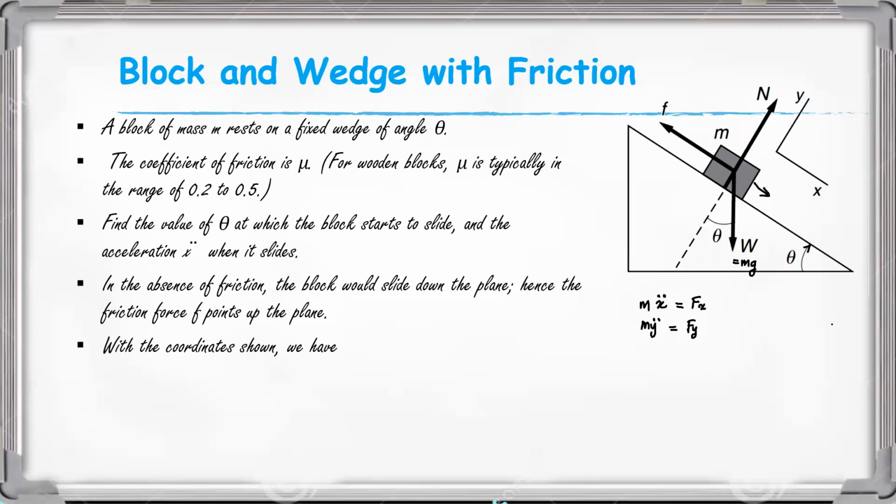We can say that y double dot must be equal to 0. Now we have to find the values of Fx and Fy. Here, the frictional force acts along the minus x direction and the normal force acts along the plus y direction.